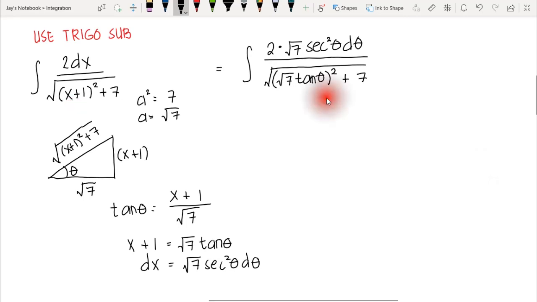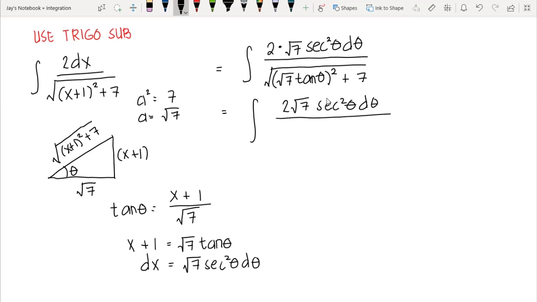That's our a squared. So we have 2 square root of 7 secant squared theta d theta over the square root of, now in this case we can distribute the square to square root of 7. Square root of 7 squared is the same as 7 raised to 1/2 then squared, correct?